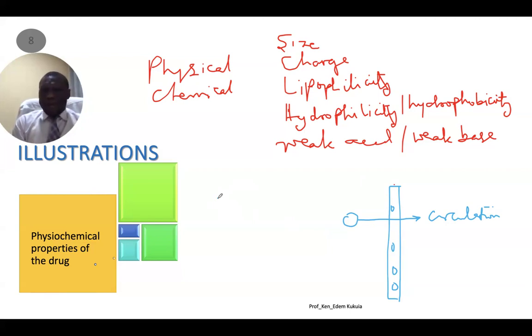And so as compared to, let's say, aminoglycosides, it should be able to cross the cell membrane easily. So that means that compared to chloramphenicol, gentamicin will not be absorbed, or not much would be absorbed, but then the chloramphenicol would be absorbed better.